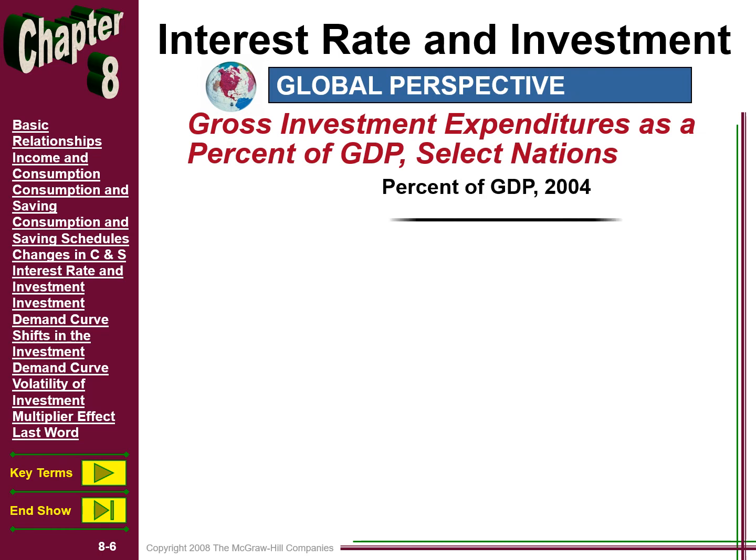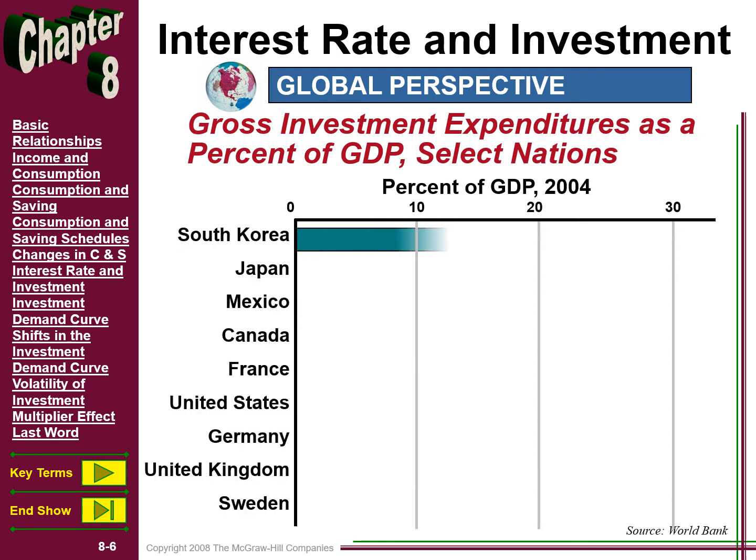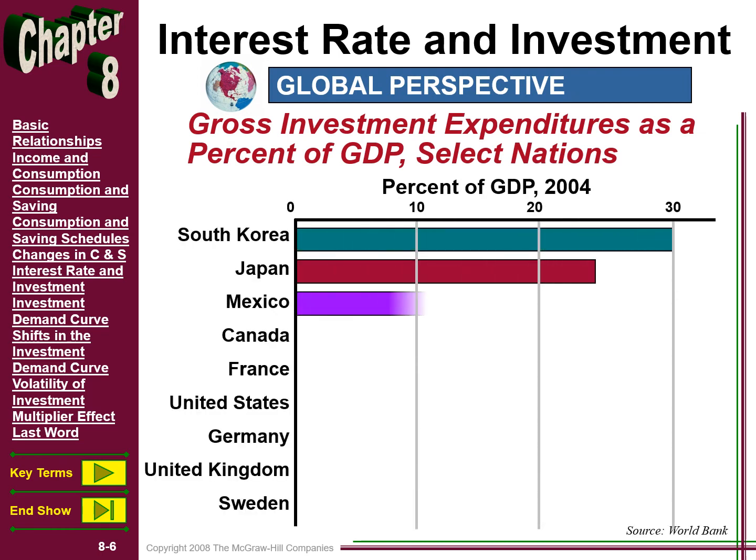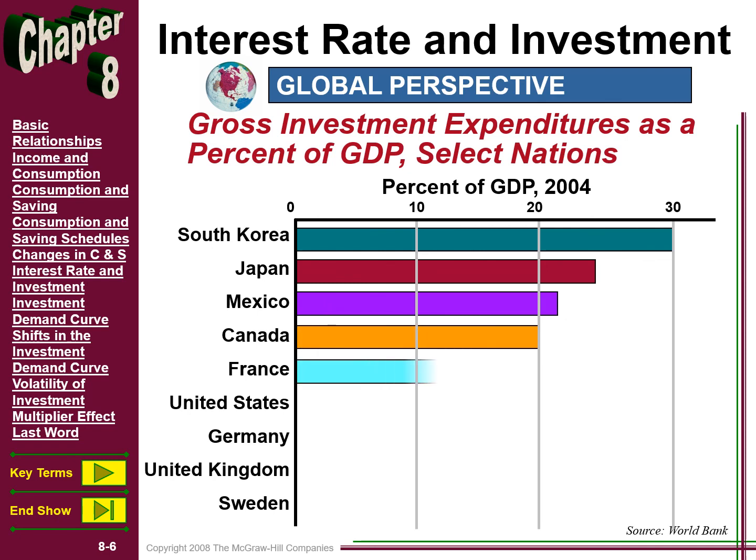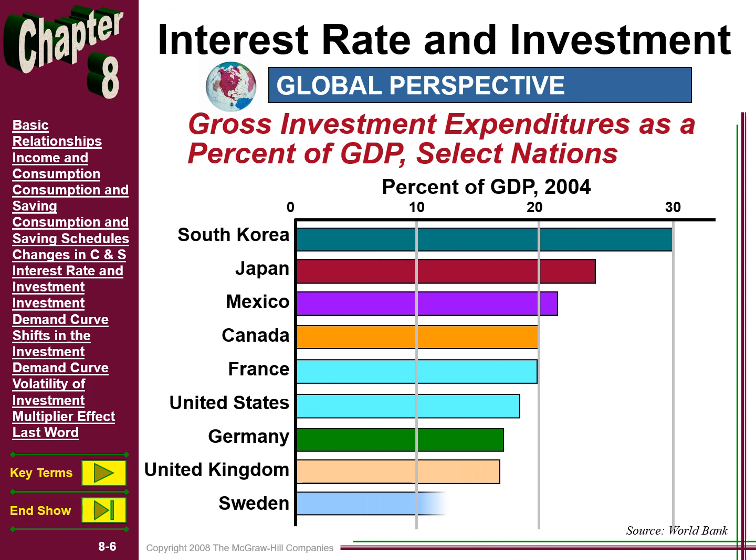Here we see a global perspective. Now notice this is the year 2004 where we measured gross business investment as a percentage of GDP. Even though this goes back 16 years because it's now 2020, notice as a percentage of GDP, you scroll down to the United States. The United States as a percentage of economic output, gross business investment is roughly the same, which is interesting.